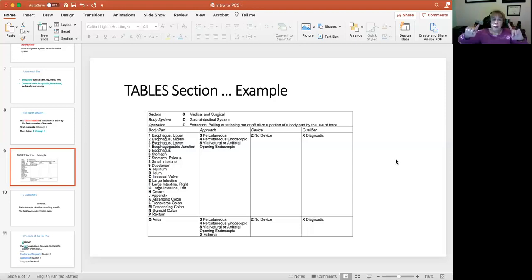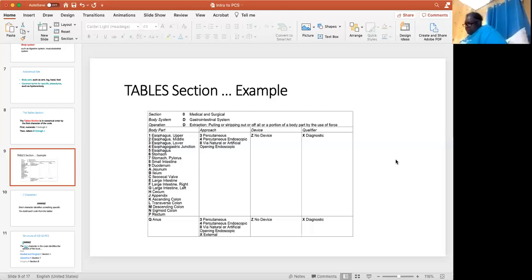The first place you need to look is further down on the table, because a different row may have the same body part but different approaches. If you take a look at this table, 0TP, and we look at kidney, you'll see both the first and the second row have kidney as a choice, right?